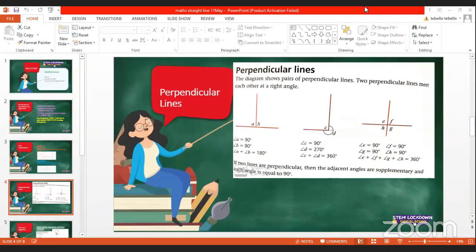Let's pause. You can still see the screen, right?